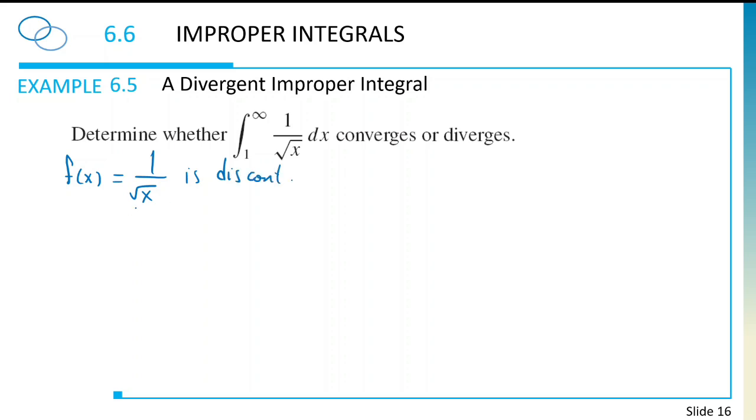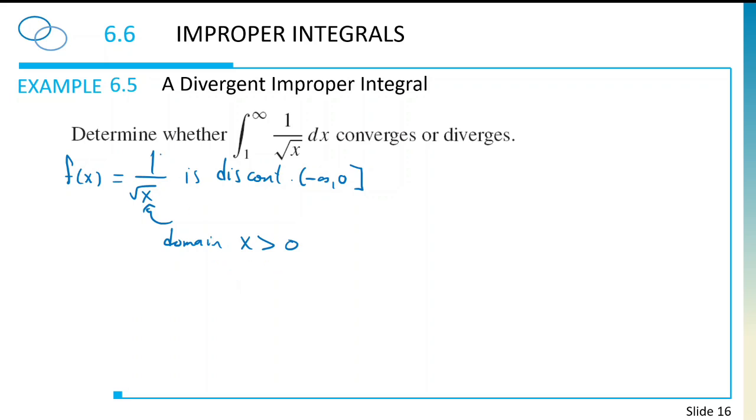Where do we have an issue here? I have an issue if whatever is under the square root is negative or 0. So it's discontinuous from negative infinity to 0, including 0. Can I include 0? Yes, including 0, because the domain of the square root is anything greater than 0, not including 0.